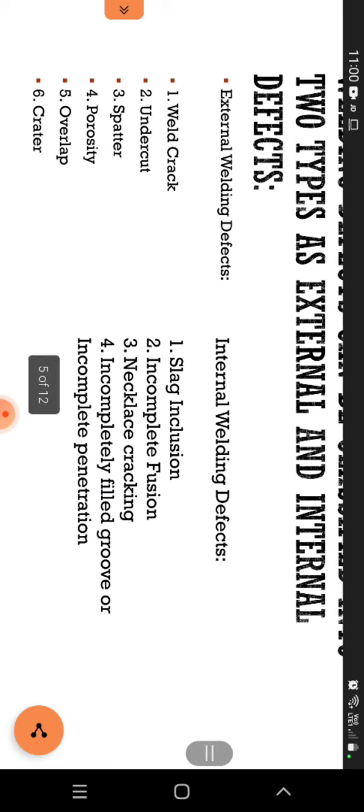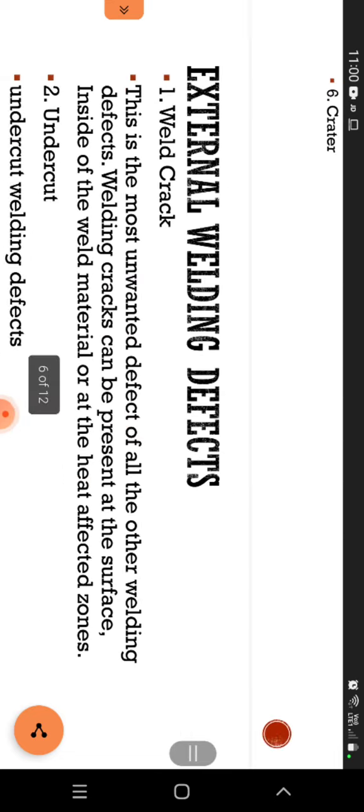External welding defects: weld crack, undercut, spatter, porosity, overlap, crater. And internal welding defects: slag inclusion, incomplete fusion, internal cracking, incompletely filled groove, or incomplete penetration.